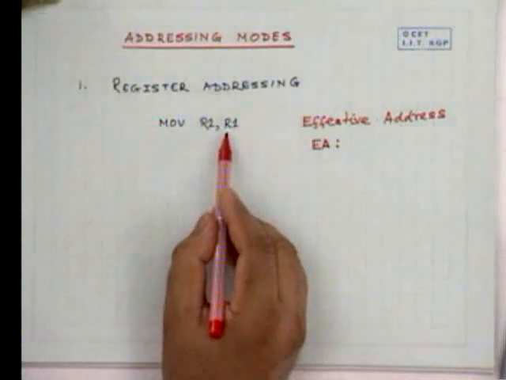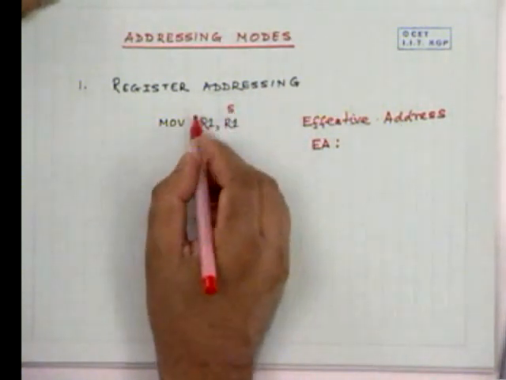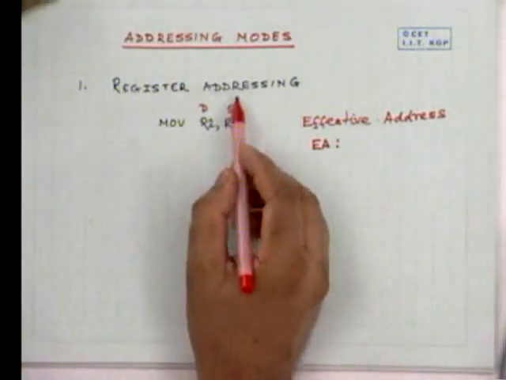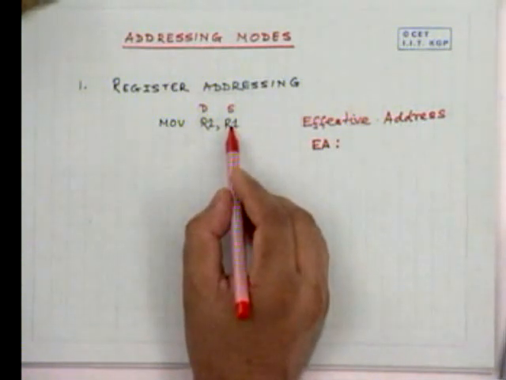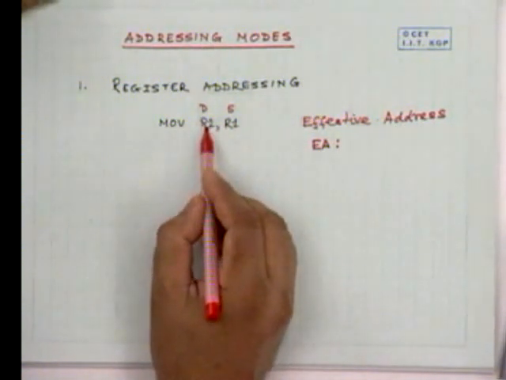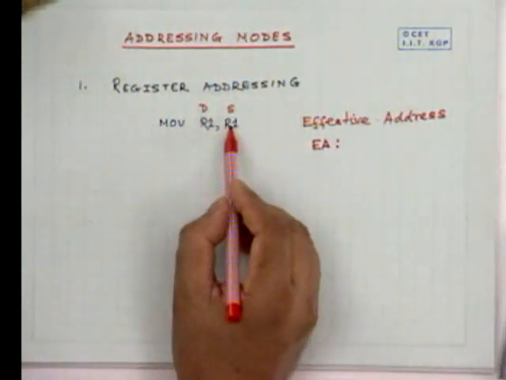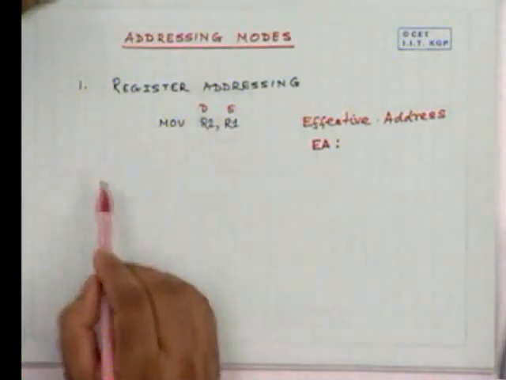For example, here this is our address of source, this is our address of destination. Register addressing means the register is the address of the source. Here the register also is the address of the destination, and therefore the effective address is the register R1 for source and the register R2 for destination.